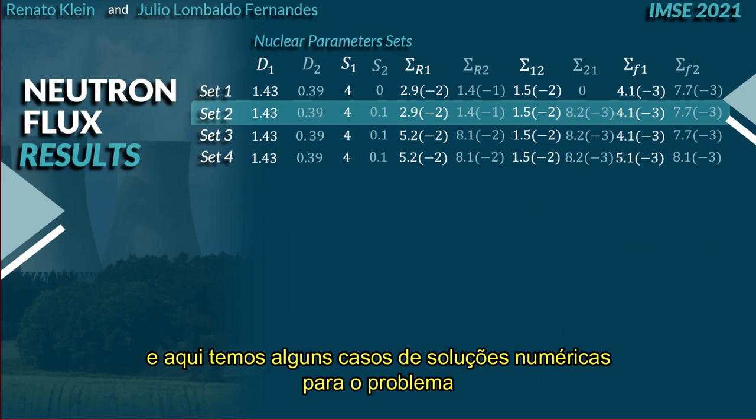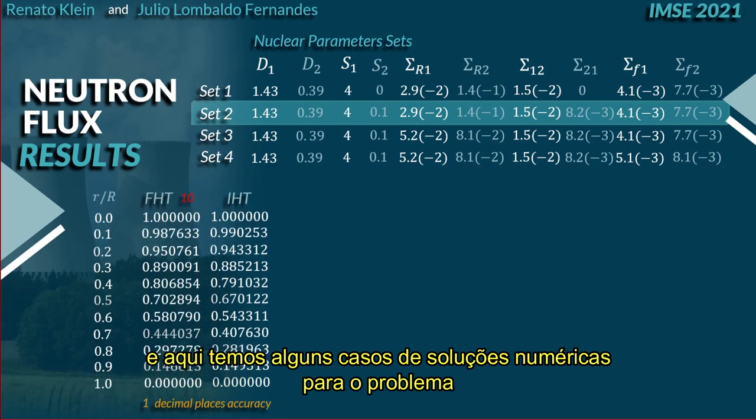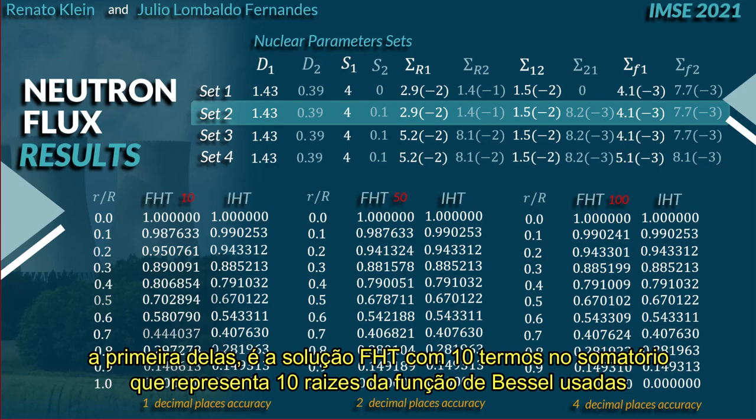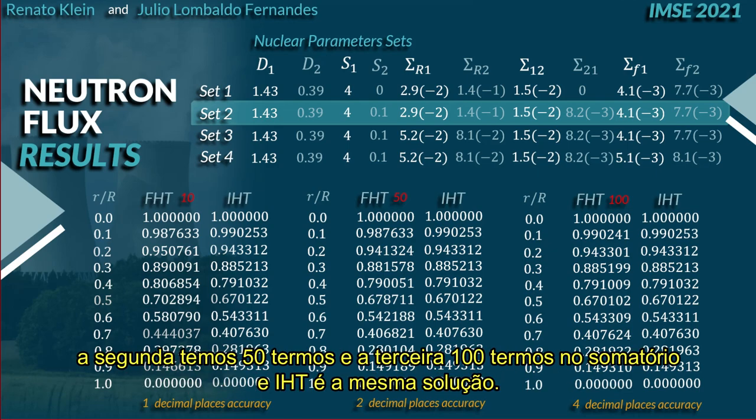And here we have, for example, some numerical solutions for the problem. The first one is FHE with 10 terms in the summation. 10 terms in the summation represents the 10 Bessel roots used to make these calculations. The second one has 50 terms in the summation, and the third one has 100 terms in the summation.